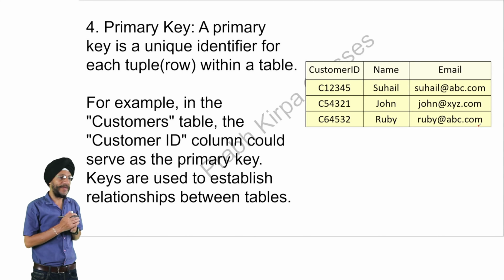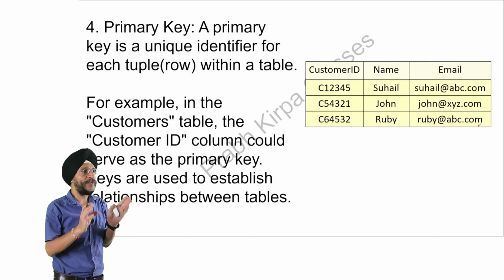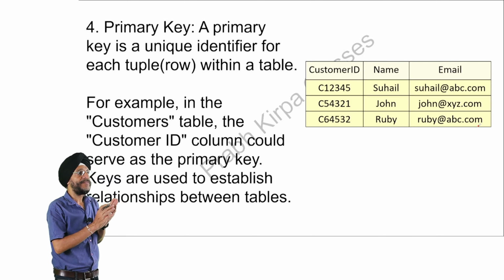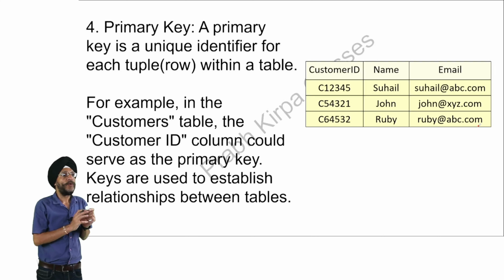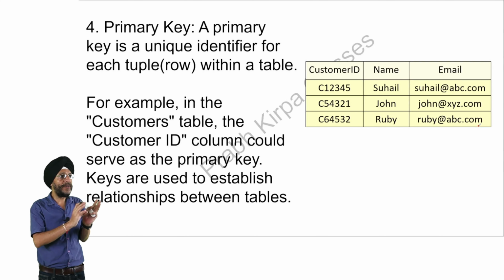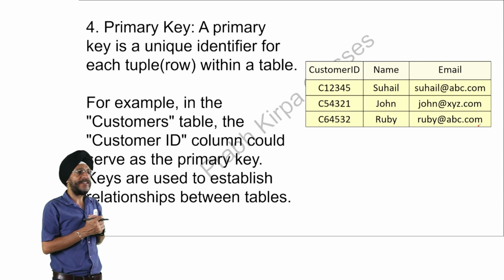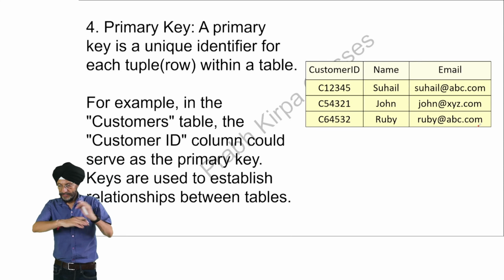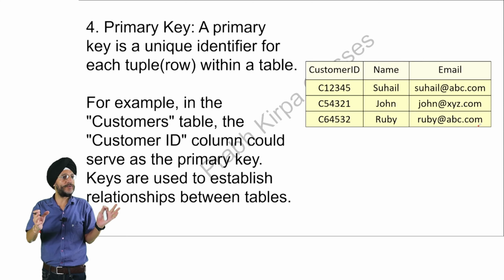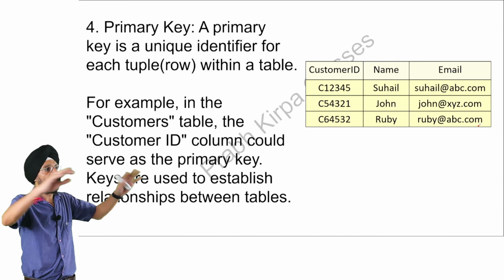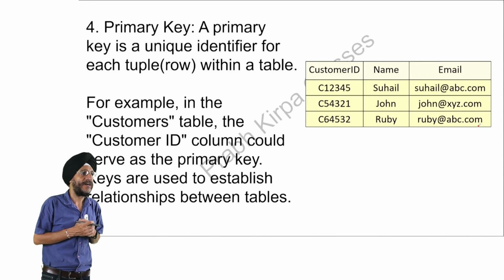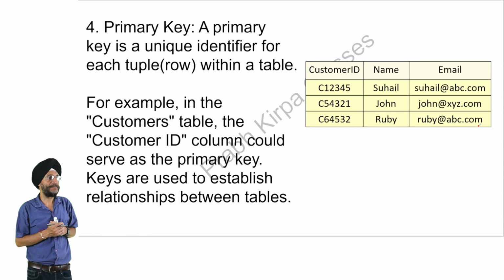Now, primary key. A primary key is a unique identifier for each tuple or row within a table. Suppose there is a university or school in which a large number of students are studying.